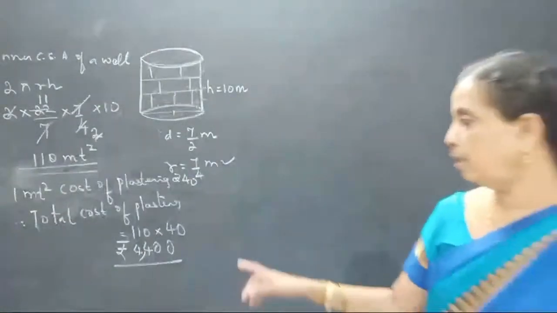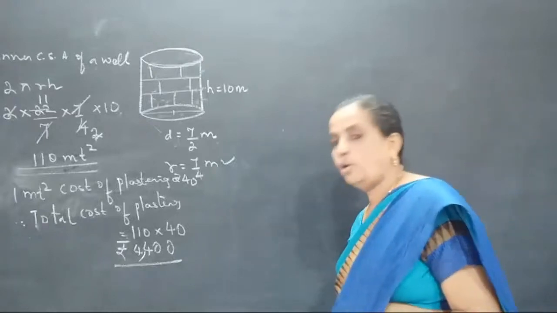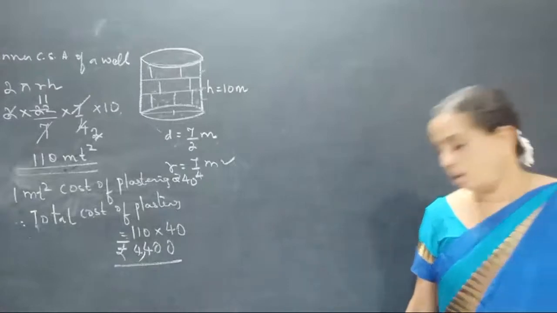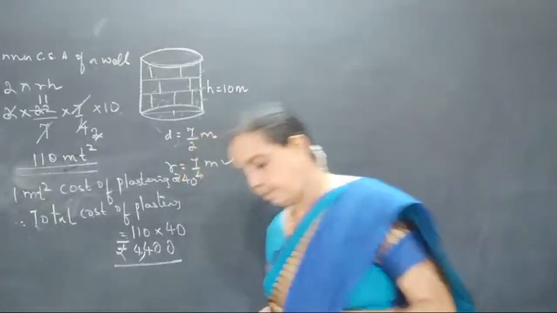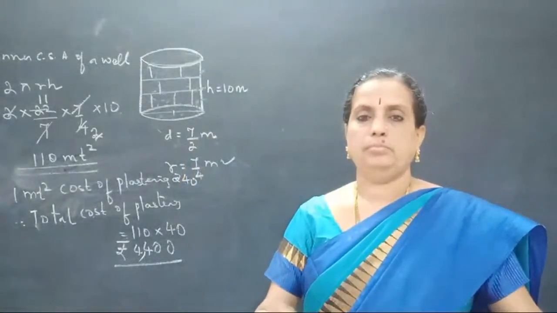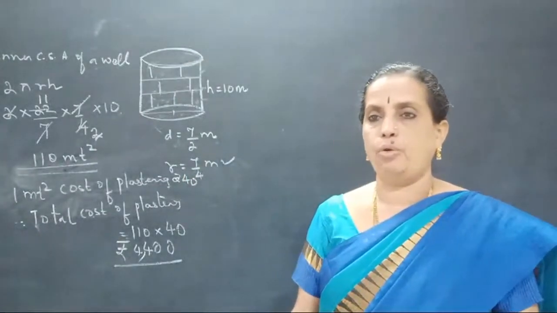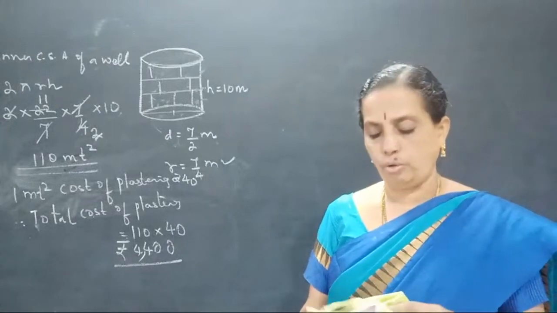Have you all completed? If you have completed, next write the heading curved surface area and total surface area of a cone. Please take the heading. And draw the figure of a cone. I will show you the parts involved in the solid cone.